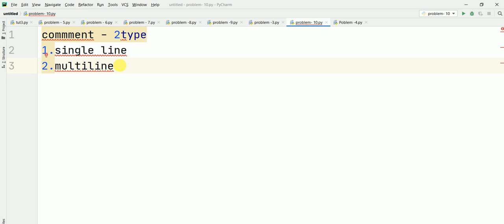There is no big difference between them, but the main difference is this: single line comment is represented by hash. Multi-line comment is represented by triple quotes.